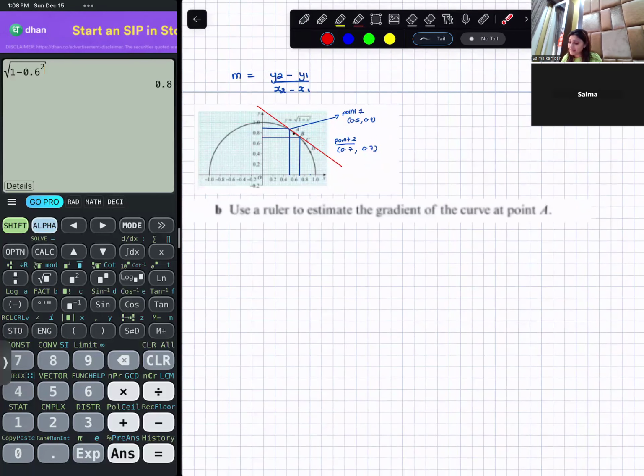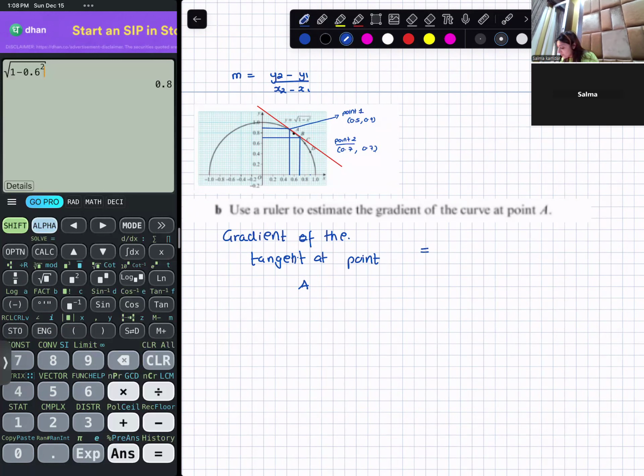Now I want to estimate the gradient of the curve. So the gradient of this curve would be the gradient of the tangent at point A. Since I wanted to estimate the gradient of the curve at point A, I will find the gradient of the tangent at point A, which is nothing but y2 minus y1 over x2 minus x1.